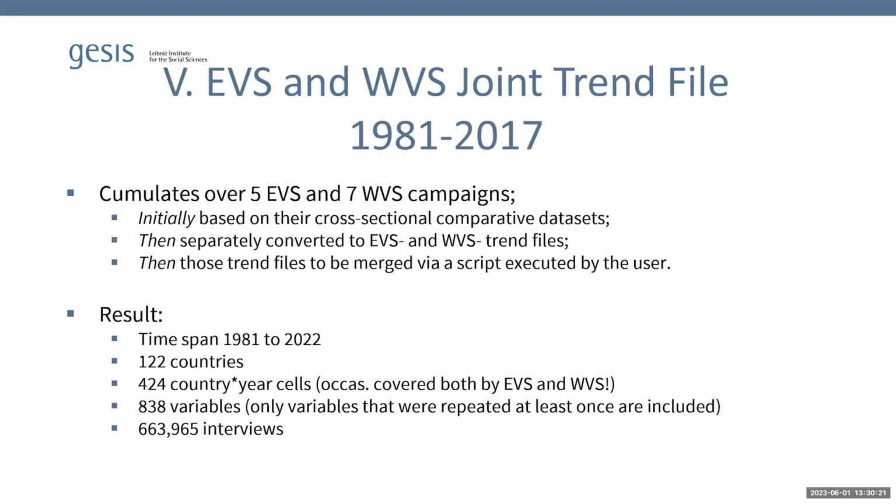They increase regional and temporal coverage if they are combined, because the focus of the European Value Study is, of course, only on Europe, whereas the World Values Survey basically focuses on countries outside Europe, with a few exceptions. And that results in a pretty big file with more than 800 variables and 660,000 interviews.